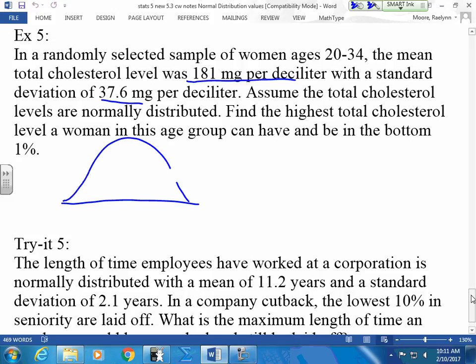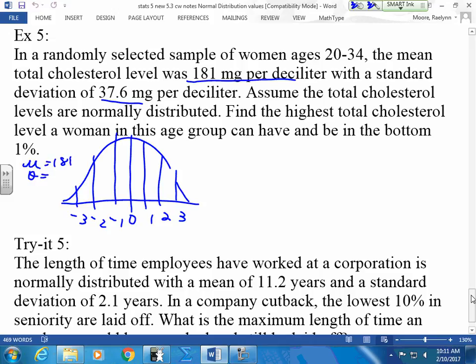I make a curve. If they're not normally distributed, I stop right there. I can't do anything with it. If it doesn't follow a normal distribution, done. Problem is over. Okay? So my mean is 181, and my standard deviation is 37.6.